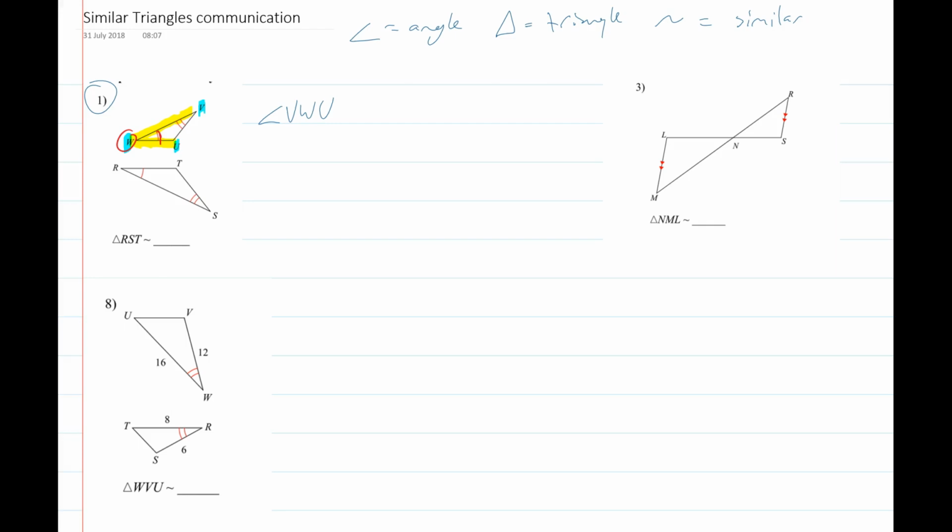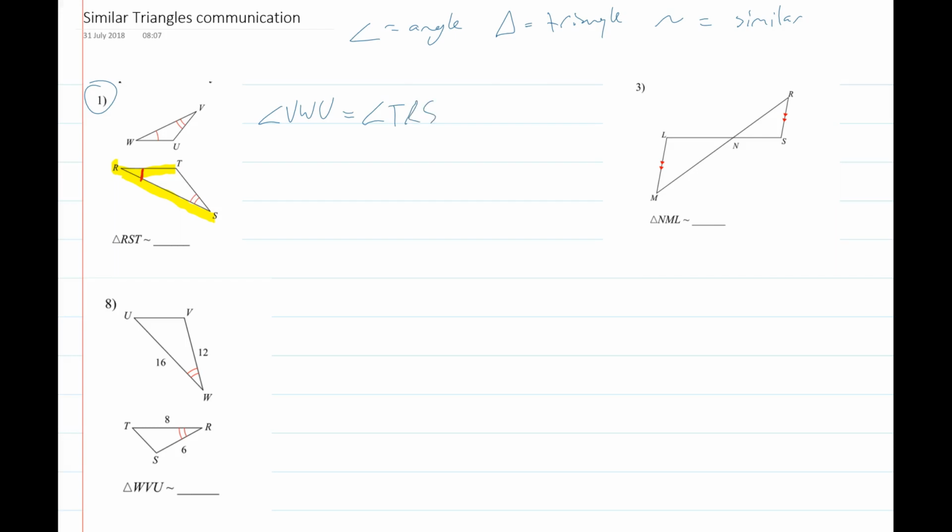It is equal to, well, which angle is it equal to on the other triangle? It's equal to this angle here. And so I need to write it in the same notation. Angle, starting at, remember, we need R to be in the middle. So it's angle TRS.